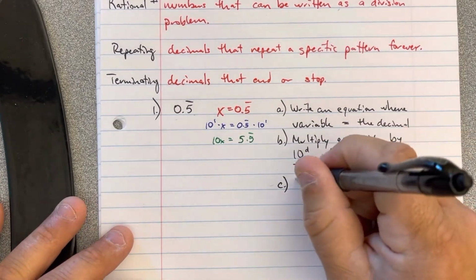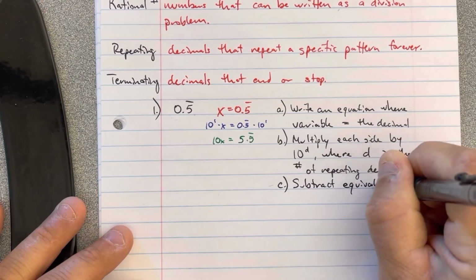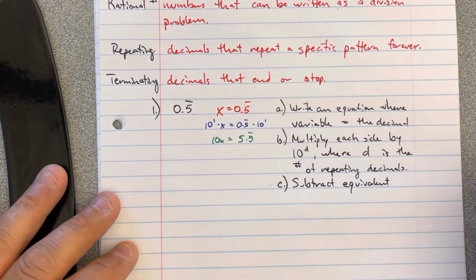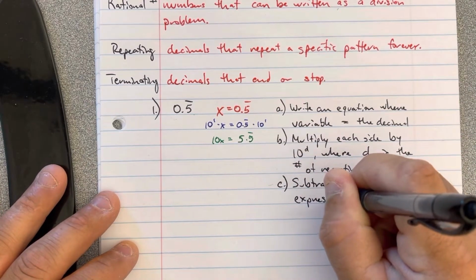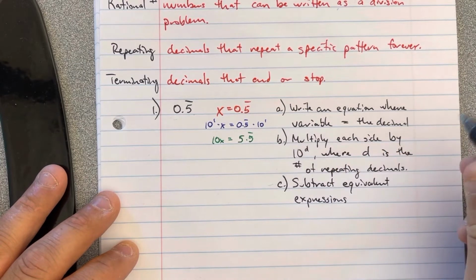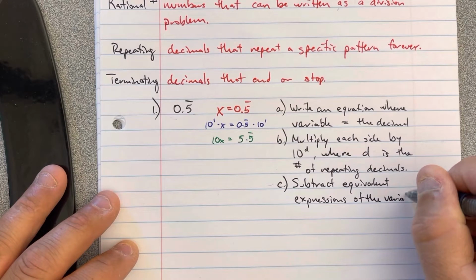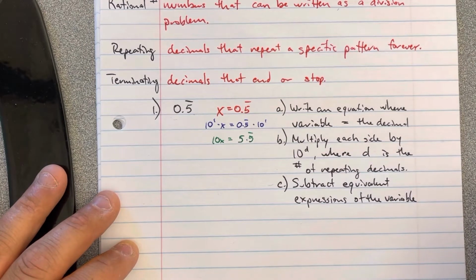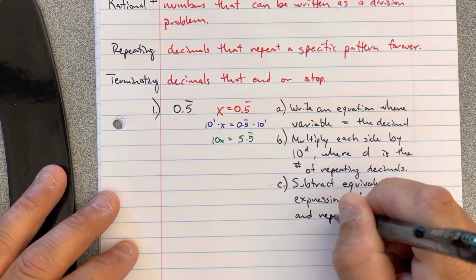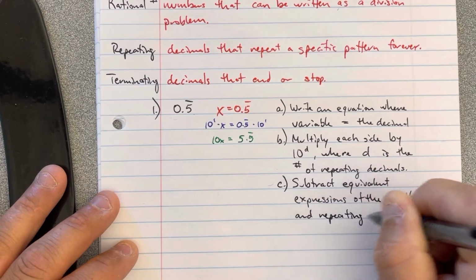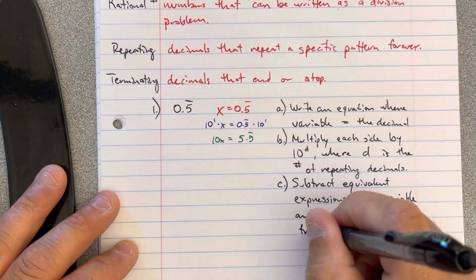We're going to subtract equivalent expressions of the variable and repeating decimal from each side.